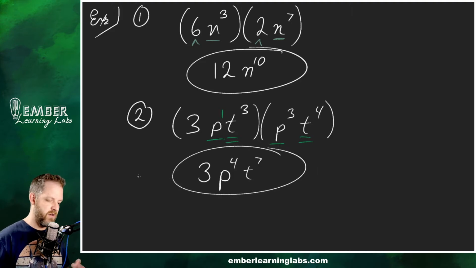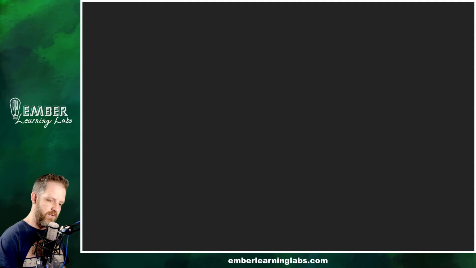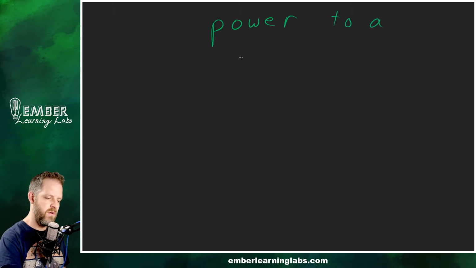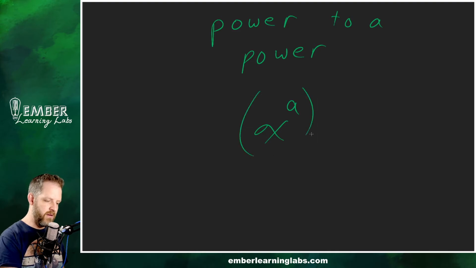All right. Now, the next rule that we're going to learn is what I like to say is a power to a power. Okay? So like if we have x to the a and then to the b.